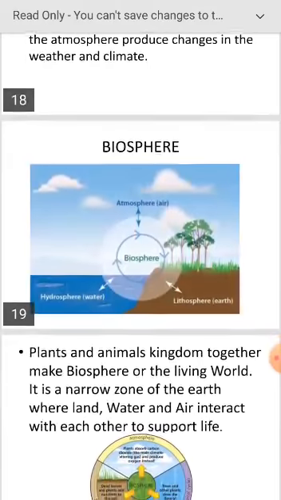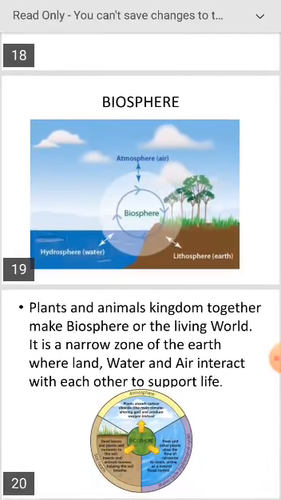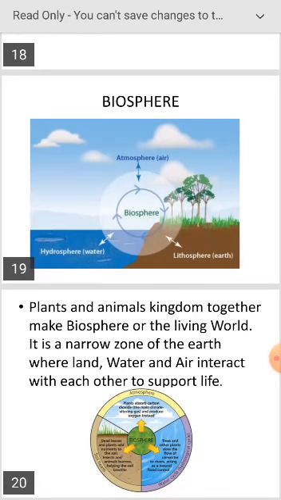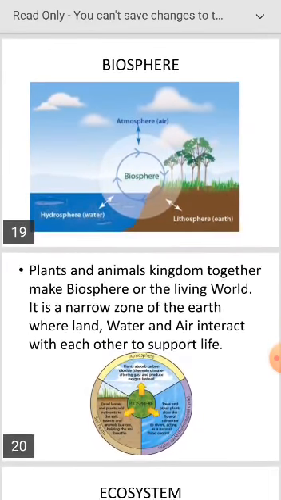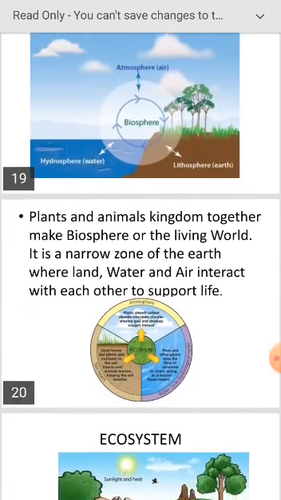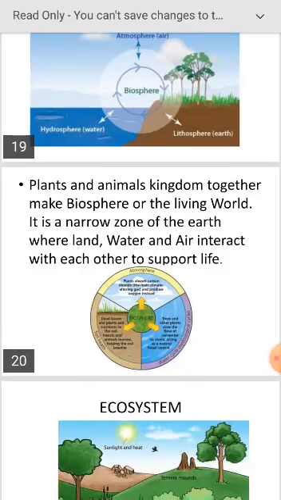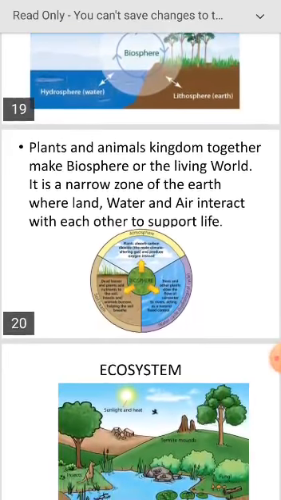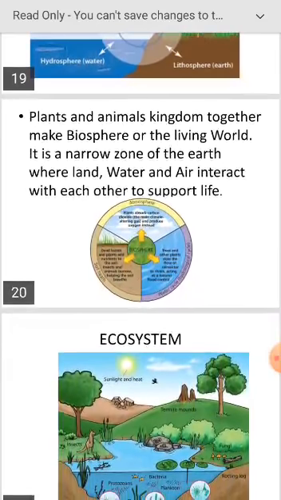Next is the biosphere. What is the biosphere? It is made up of atmosphere, air, hydrosphere, water, lithosphere, earth. Plants and the animal kingdom together make the biosphere, or the living world.